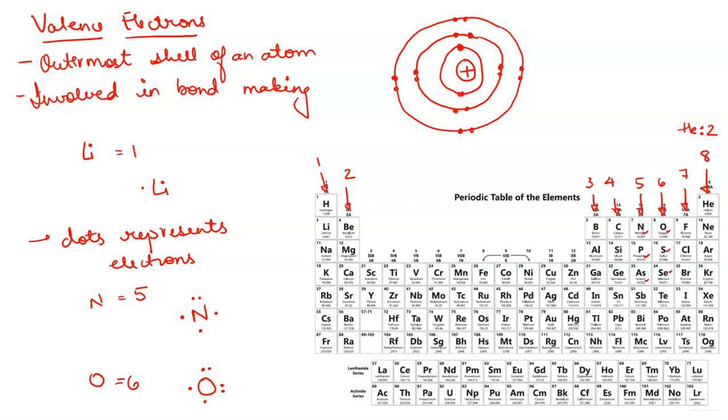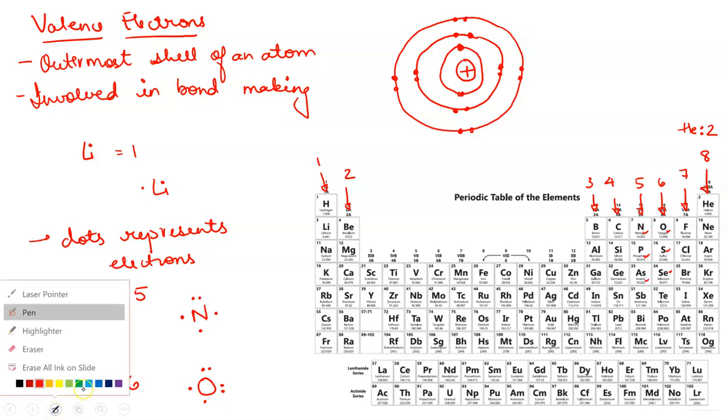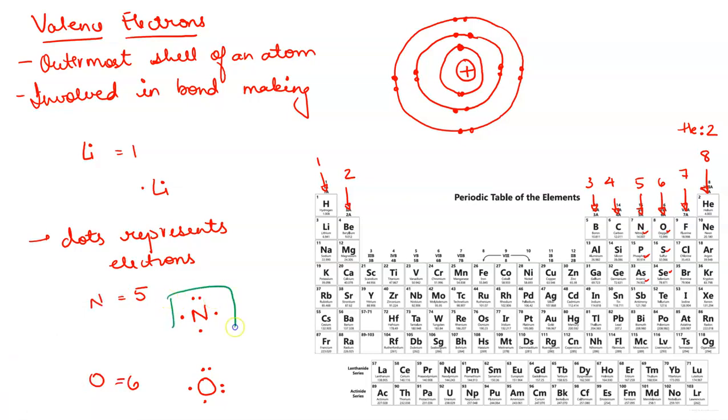So 2 pairs of electrons, and then 2 single electrons around that oxygen atom. So these symbols that I have drawn, this one for nitrogen, this one for oxygen, this one for lithium, these are called Lewis symbols.